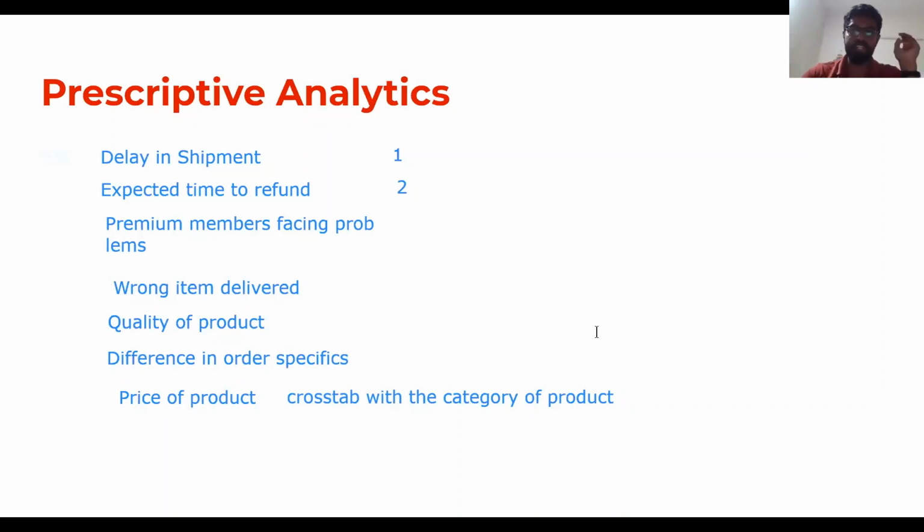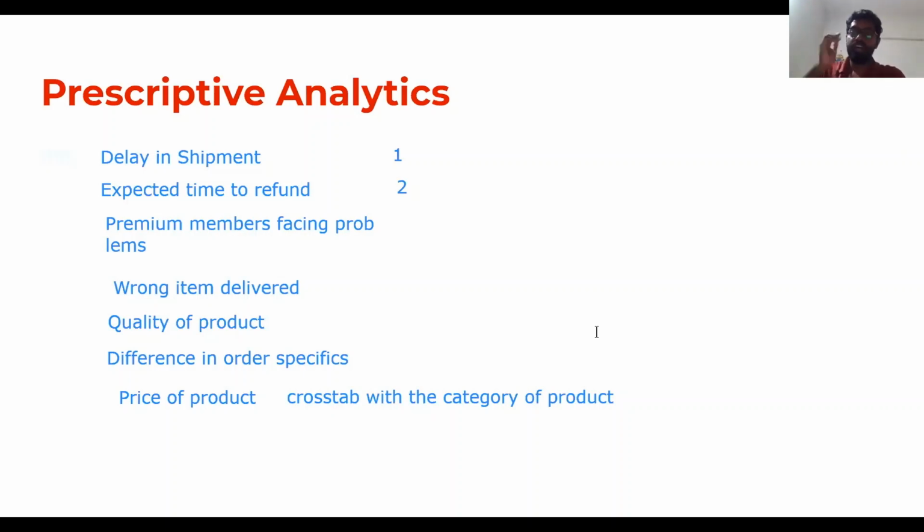But if I bought some Jockey socks for 600 rupees and they are faulty, that is a concern that won't let me sleep at night. So you look at price as a cross tab with the category of the product, and that makes you more anxious about the refund time, the refund delivery, and so on.